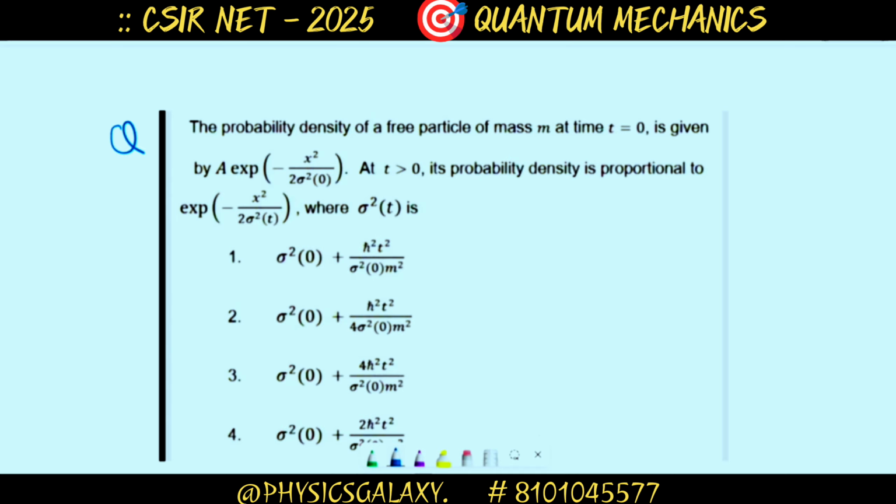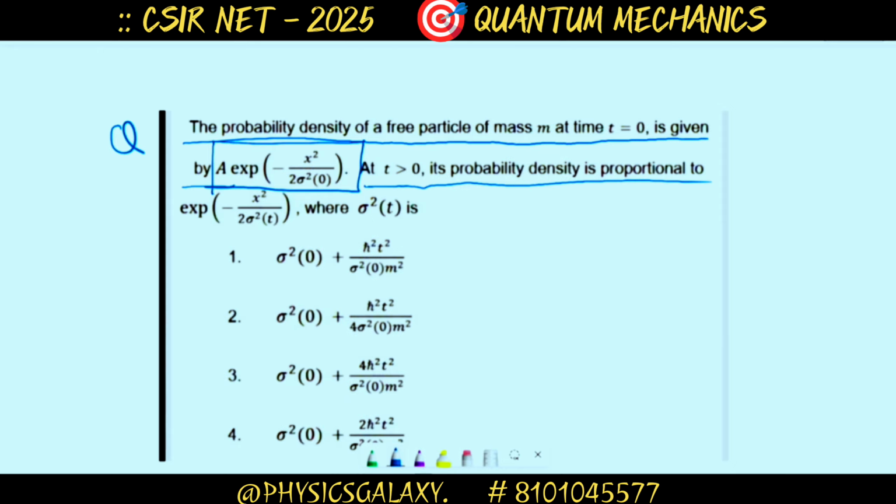The last question is, the probability density of a free particle of mass m at t equal to 0 is given by this Gaussian function, exponential of minus x squared by 2 sigma squared. At t greater than 0, its probability density is proportional to this, again a Gaussian function, where sigma squared at any arbitrary time is to be found.